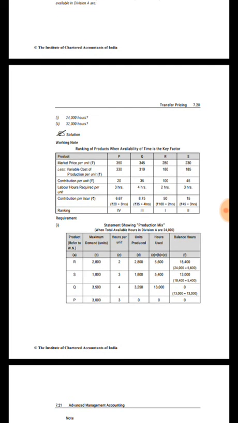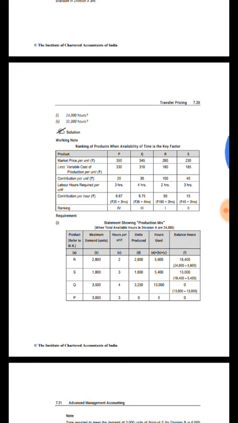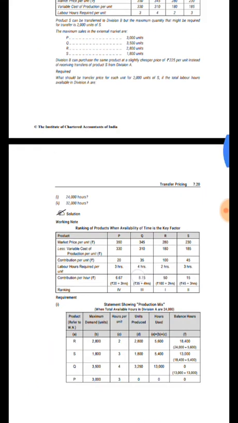Now we have to allocate the hours. We have 24,000 hours to allocate in the ranking. So the rank goes to first R, then S, then Q, then P. Maximum demand for that: after R at 2,800, S 1,800, then Q 3,500, then P 3,000.